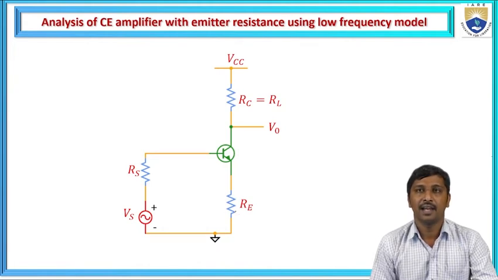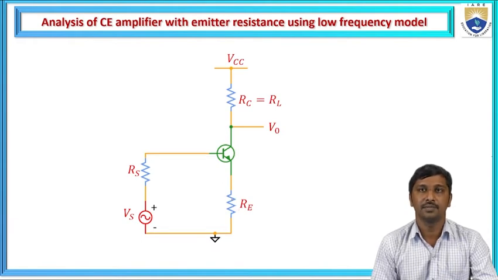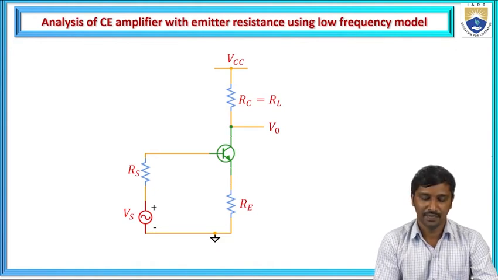To design an amplifier, we need to ensure that the emitter base junction is forward bias and collector base junction is reverse bias. Let us consider to design the common emitter amplifier. I use the NPN transistor, which means this is collector terminal, base and emitter.